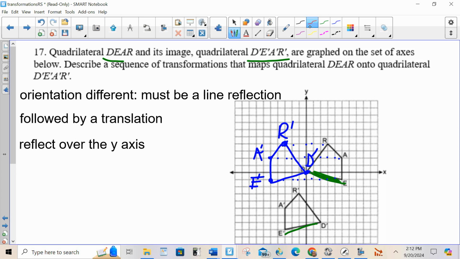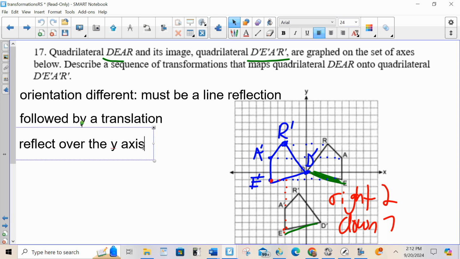I'm going to pick E. How do I get from E to E prime? I'm going 1, 2 right. 1, 2, 3, 4, 5, 6, 7 down. I'm going right 2, down 7. So I go back to my sentence. Followed by a translation.